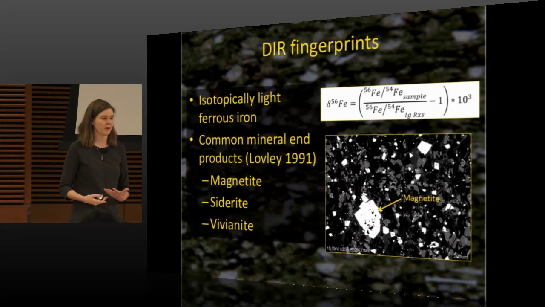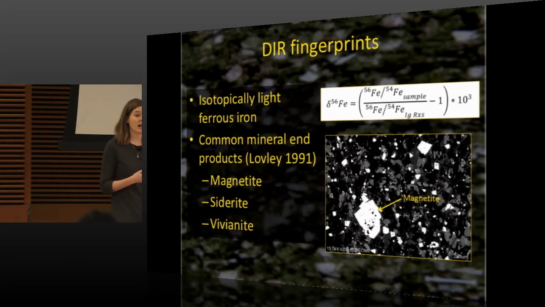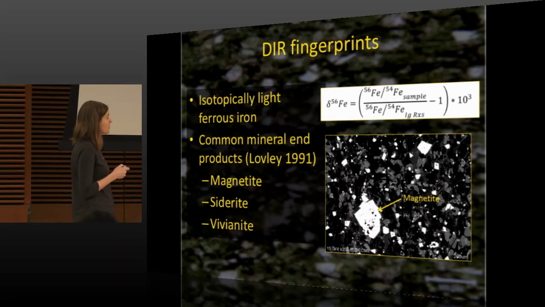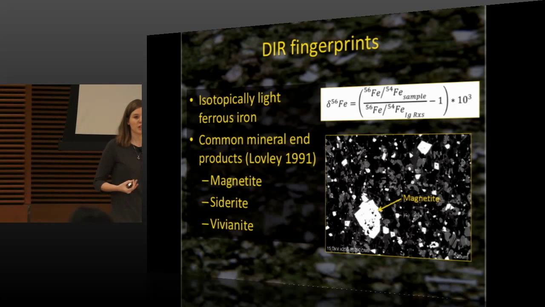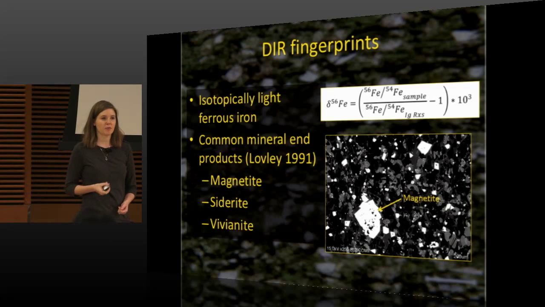So how do we find DIR in the rock record? What fingerprints are there? It basically boils down to isotopes and minerals. If you aren't familiar with iron isotopes, we've got the notation here. Iron isotopes are measured relative to a standard, which is the average of igneous rocks. Iron 56 is the heavy isotope of iron, and iron 54 is the light isotope.